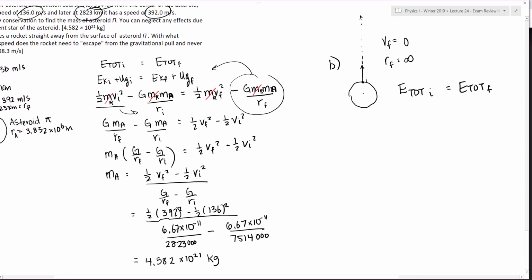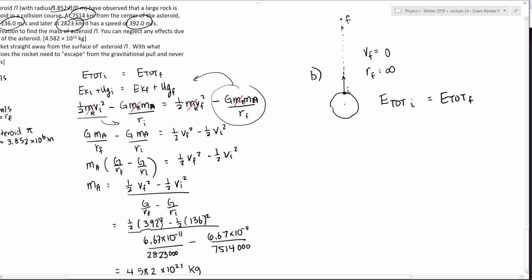Okay, so we're looking for the initial velocity of this object. This is initial, and final is out here infinitely far away. At your initial position, you have a velocity, because that's the velocity you're trying to get it to escape with, so you're going to have kinetic energy. And you're also going to have gravitational potential energy, because the reference position where gravitational potential energy is 0 is when you're infinitely far away.